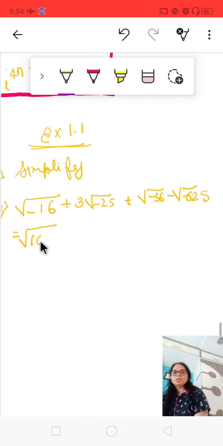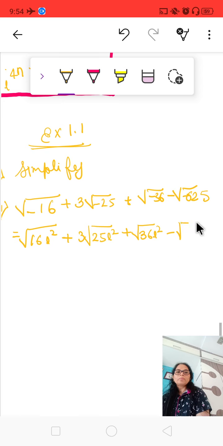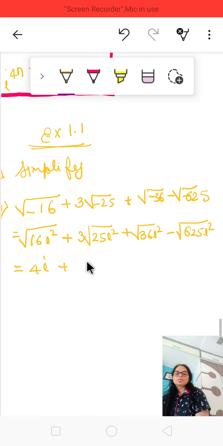This becomes √16 i² + 3√25 i² + √36 i² − √625 i². Okay, so it will be 4i plus, because the root of 16 is 4 and of i² is i, 3 into 5i plus 6i minus 25i.